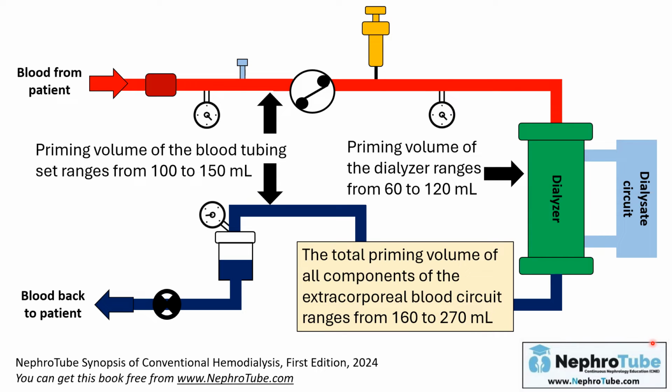So when we calculate all the priming volume of the extracorporeal circuit, I mean the priming volume of both the blood tubing set and the dialyzer together, it will range from 160 to 270 ml. And this amount of blood is out of the patient's body, and it may precipitate hypovolemia in the patient. So you have to put this in mind.